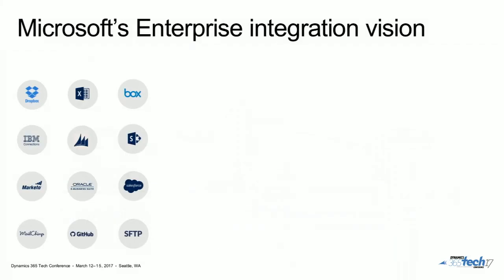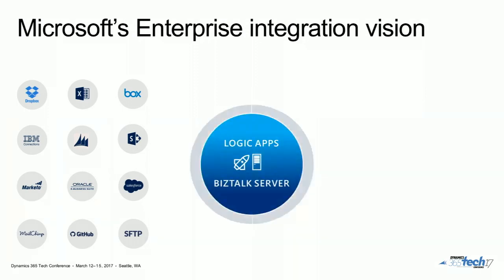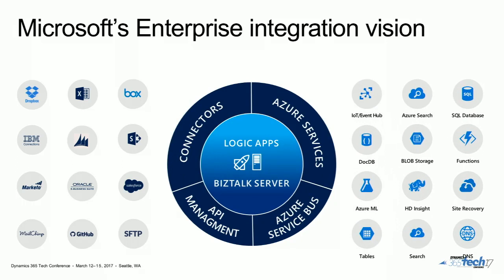So as Microsoft, what's our landscape to tackle this problem? We tackle this problem really with Logic Apps and BizTalk. BizTalk 2016 went GA last year. Logic Apps also went GA last year, and since then, Logic Apps has added a lot of functionality.